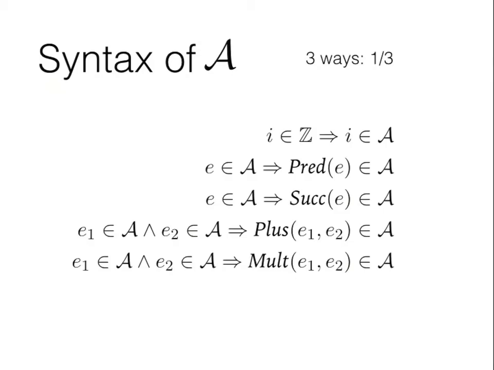So all of the integers are in the language A. If E is in the language A, so if we have an expression E, then taking the predecessor of E is also in the language. Likewise for successor, and if you've got two expressions, E1 and E2, then you can put them together with the plus constructor. This is defining the terms in my language.